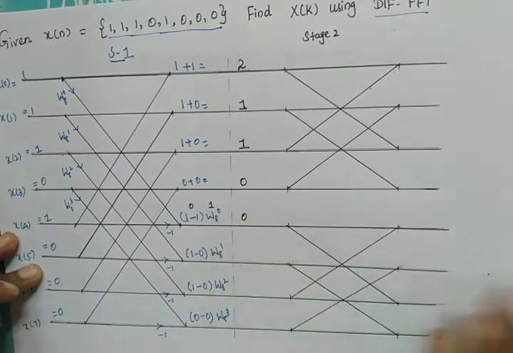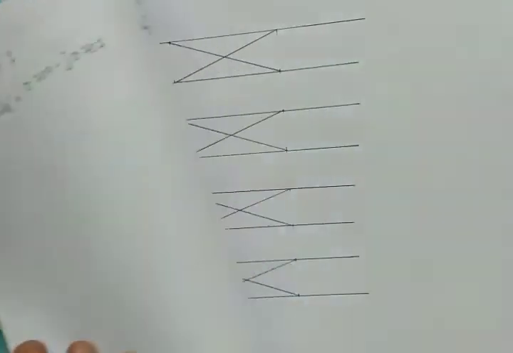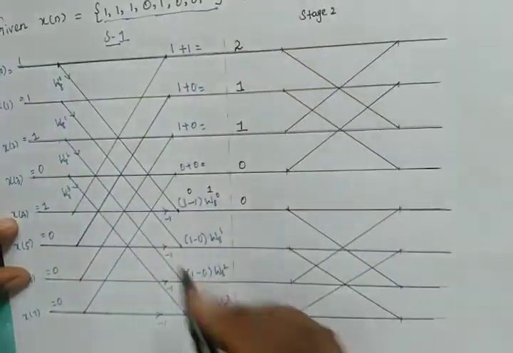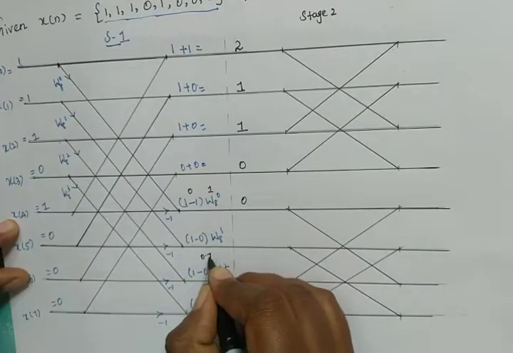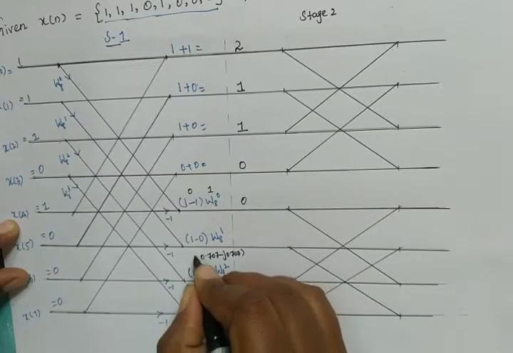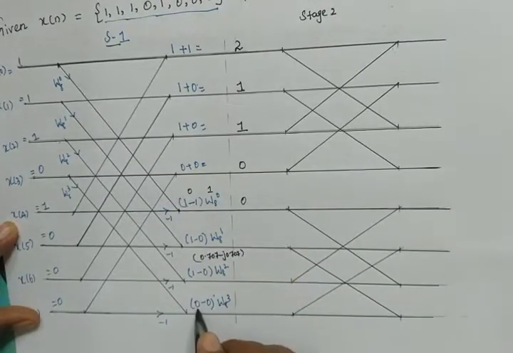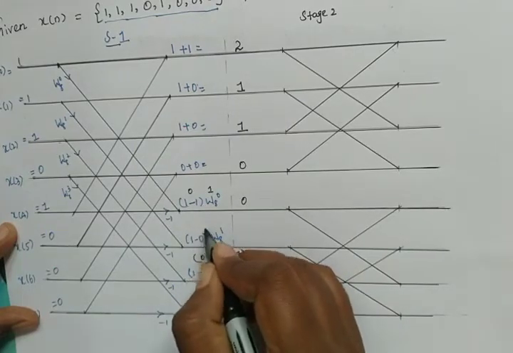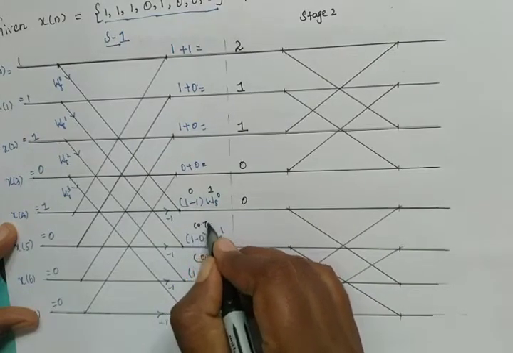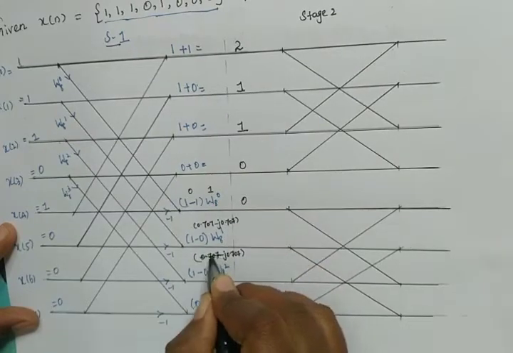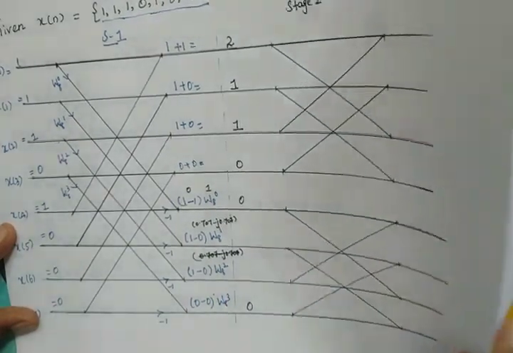And what is W8 power 1? Previously we have written W8 power 1 is 0.707 minus J 0.707. And here it is W8 power 3. Since it is 0, no need to write, this is 0. So this is W8 power 1, 0.707 minus J 0.707. Here it is W8 power 2. So what is W8 power 2?